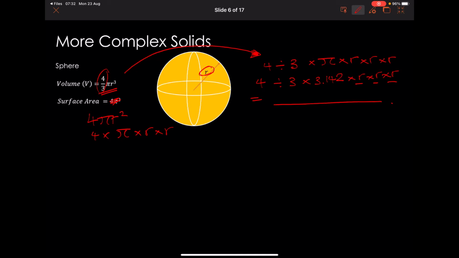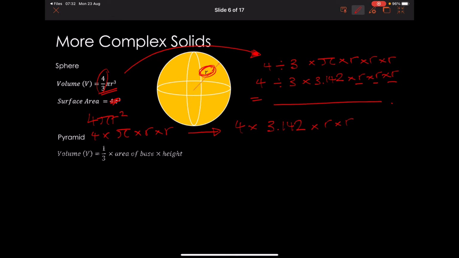So they'll probably give you the formula. So all you need to know again is the radius, because you know 4, you know that pi is on your calculator, so you can use it, and then you can just put the r in twice. So it shouldn't be too difficult for you to work out the surface area of a sphere.